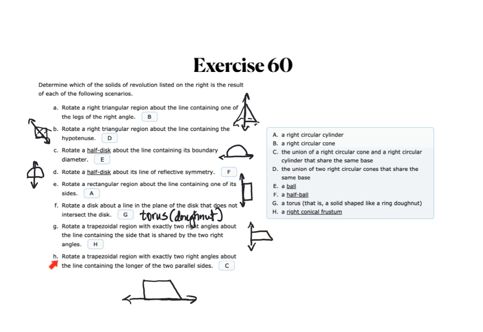And then finally, letter H, if I rotate a trapezoidal region with exactly two right angles about a line containing the longer of the two parallel sides, what I end up with is the union of a cylinder and a cone. If you can picture this rotating, the part that would make up just the rectangular part would be the cylinder, and the part that is the triangle would represent the cone.